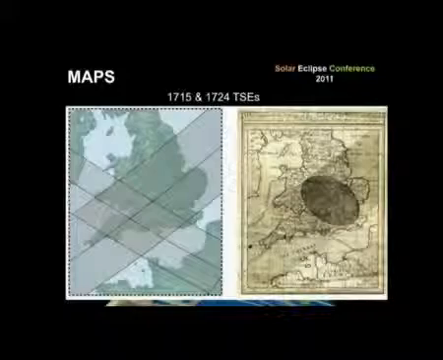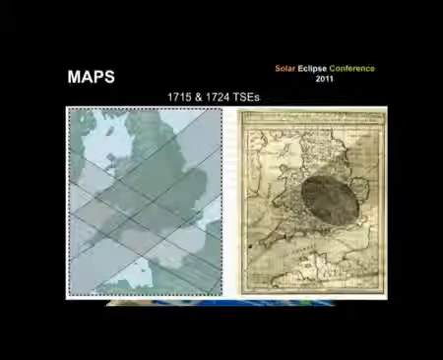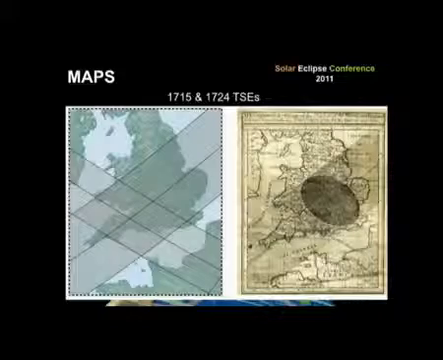Two interesting eclipses, because we've heard about Sir Edmund Halley in the past. He was very keen on getting information about the 1715 eclipse to try and work out exactly the dynamics of eclipses and the limits. And he produced a paper that was circulated, I think, for a cost of a penny throughout most of southeast England, just given out to people and asking them to log whether they saw totality or not.